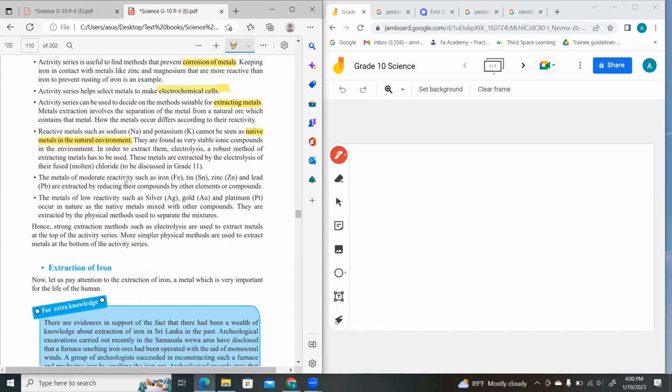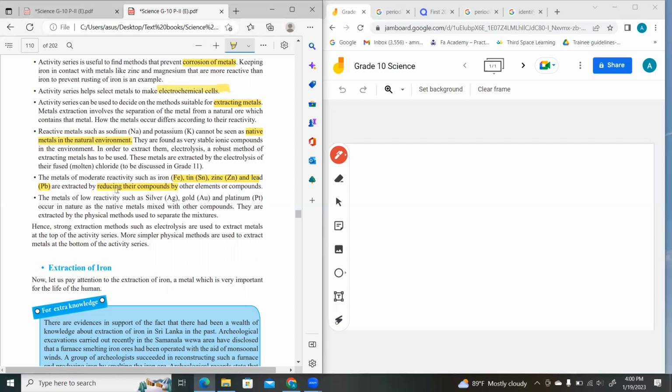The metals of moderate reactivity such as Fe, Sn, zinc, lead are extracted by reducing their compounds by other elements or compounds. So they use another element or compound, another substance, to separate this one.